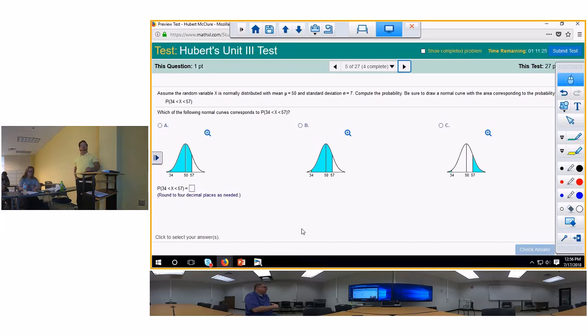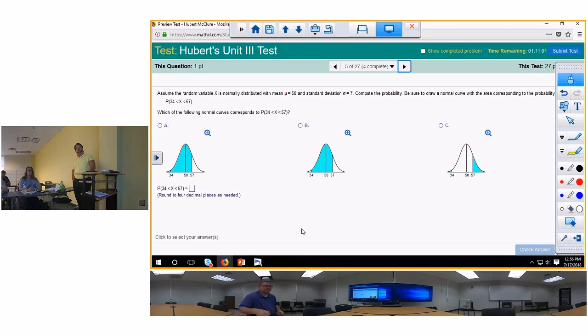Assume that a random variable x is normally distributed with a mean of 50 and a standard deviation of 7. Compute the probability. Be sure to draw a normal curve with the corresponding probability. P is between 34 and 57. So somebody tell me, because y'all are so smart, which picture is it?